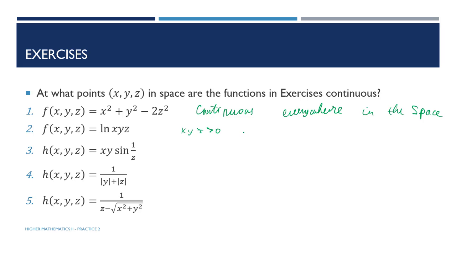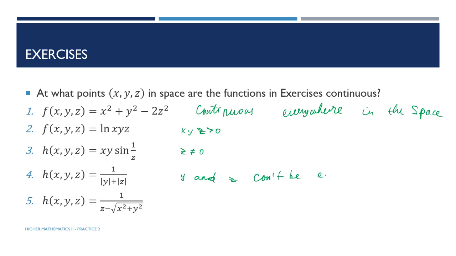The second one, x, y, z must be positive. In all other cases, it's continuous. For this one, z is not equal to 0. For that one, y is not equal to 0.